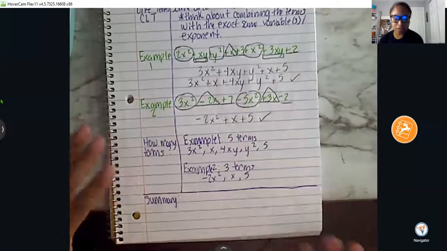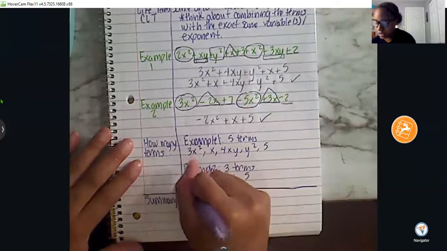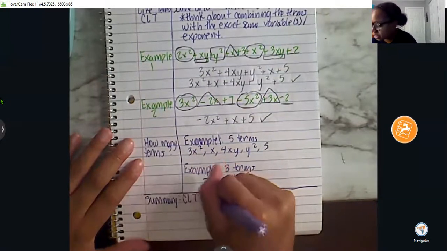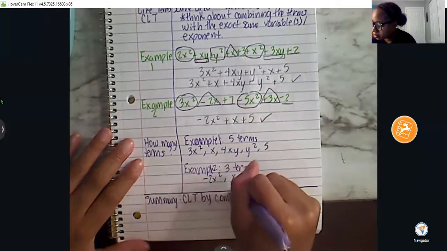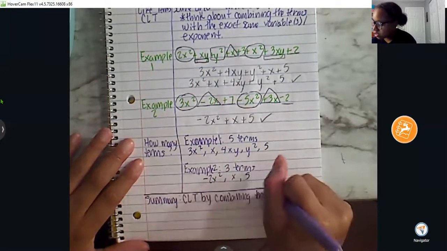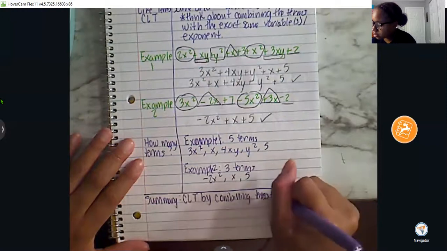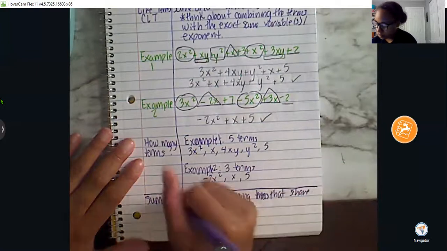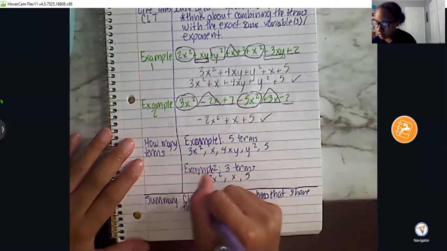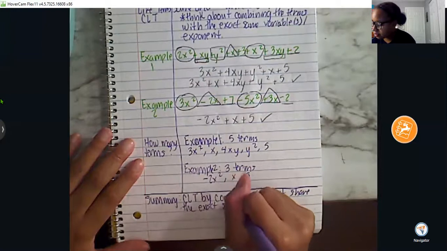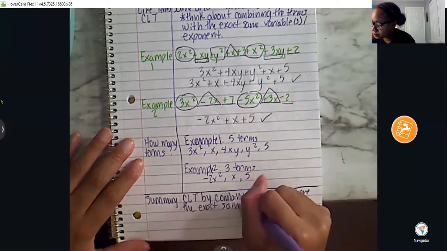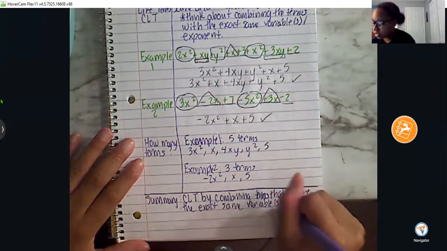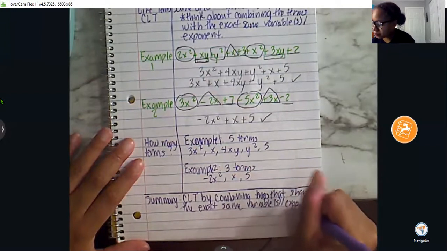So to combine like terms, so CLT, like I mentioned before, combine like terms by combining terms that share the exact same variable or variables and exponent.